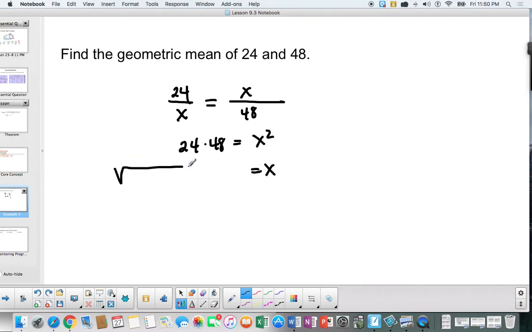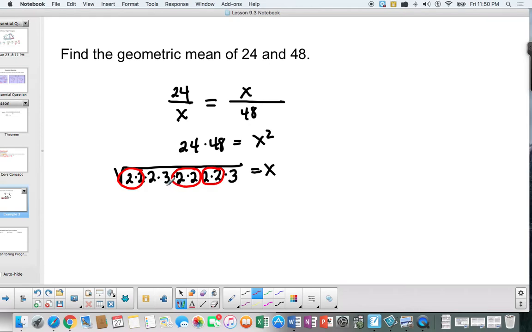When I take the square root of both sides, I'm going to rewrite 24. 24 I know is 8 times 3. I'm going to write 8 as 2 times 2 times 2 times 3. I know that 48 is 16 times 3, so I'm going to write 2 times 2 times 2 times 2. That's the 16 times the 3. Now to simplify a square root, remember that you take them out in pairs.